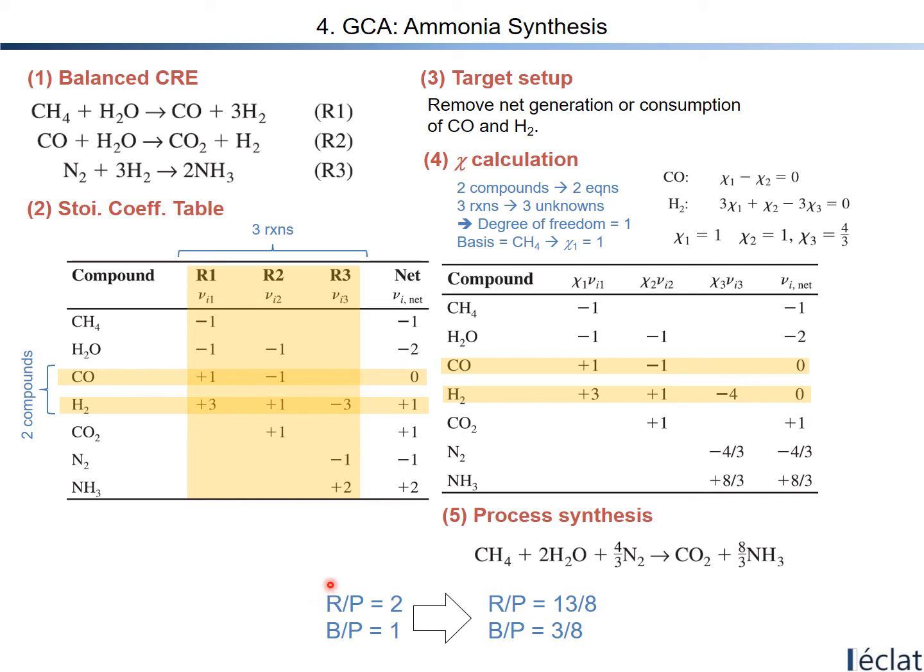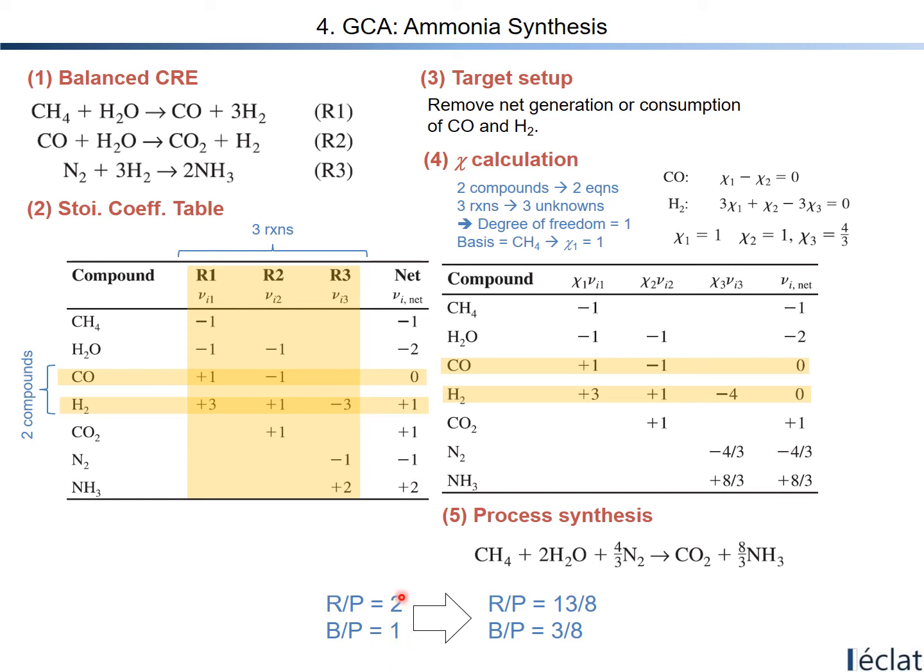R is 4 and the product is 2 moles. Then 4 over 2 goes to 2. How about the byproduct? Let me check the positive sign. Hydrogen byproduct, carbon dioxide byproduct. So 2 per ammonia 2 is equal to 1.